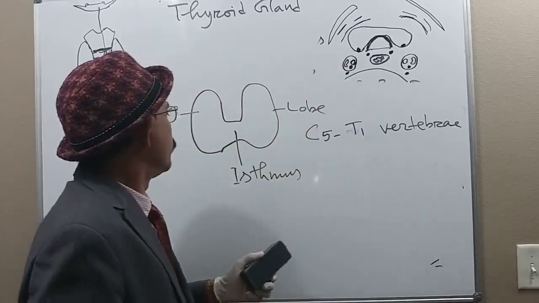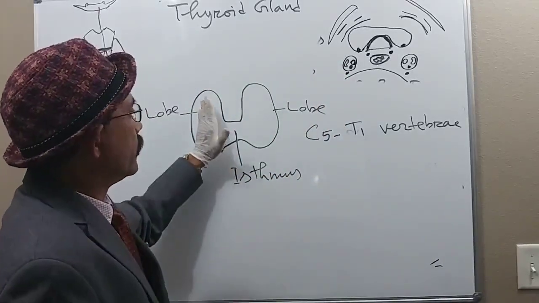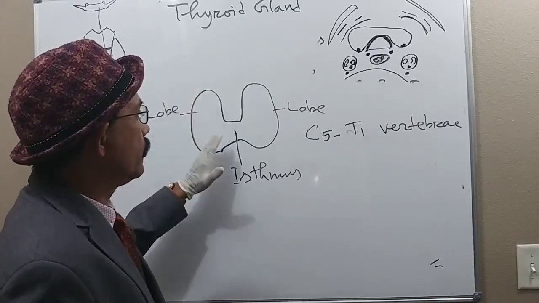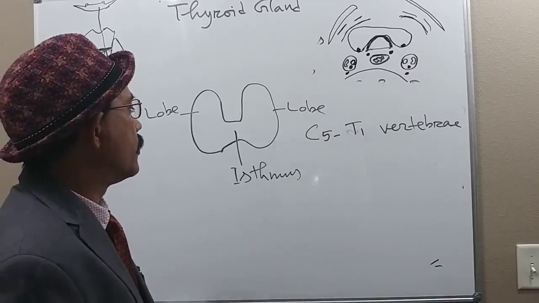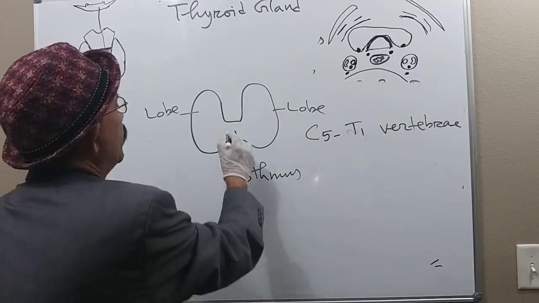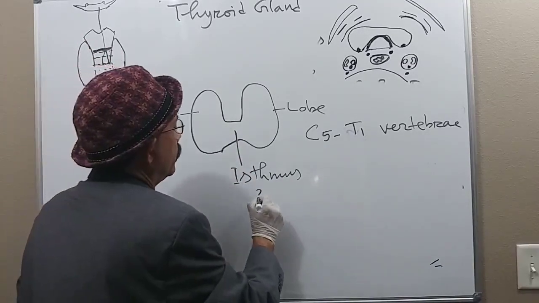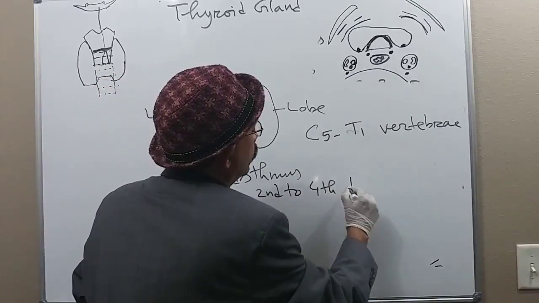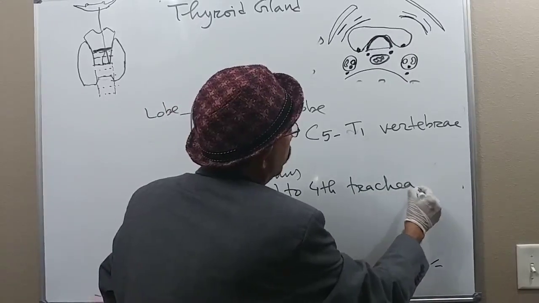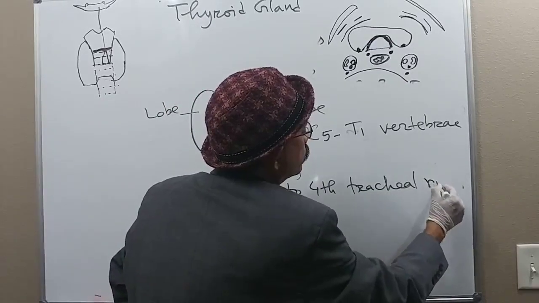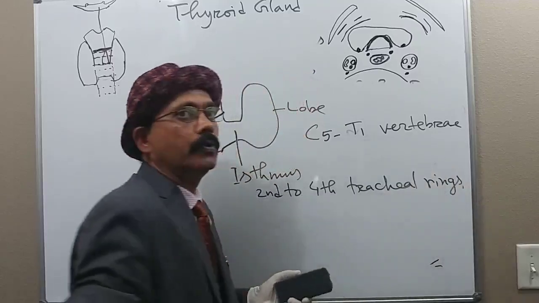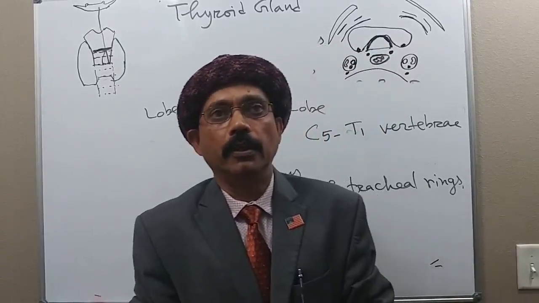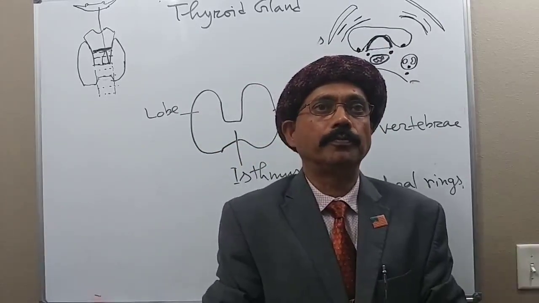This is related to the lower part of the thyroid cartilage plus the trachea, and the isthmus is related to the second to fourth tracheal rings. Okay, we got the thyroid gland location.